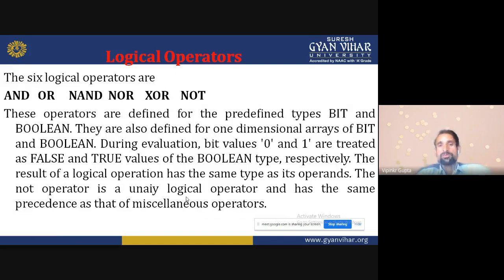True and false are used as Boolean values, and a bit value may be 0 or 1, where 0 means false and 1 means true. So AND, OR, NAND, NOR, XOR, and NOT operations are performed like that.